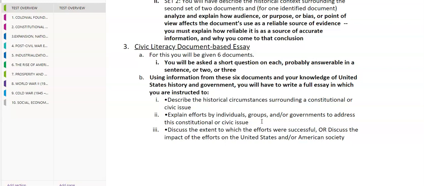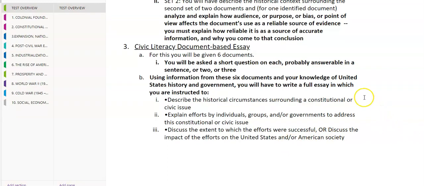And you'd have to talk about the groups and what they did, what Dr. King did, what W.E.B. Du Bois did, the NAACP. You should mention that. And finally, you have to discuss the extent to which those efforts were successful, or the impact they had on the United States and American society.